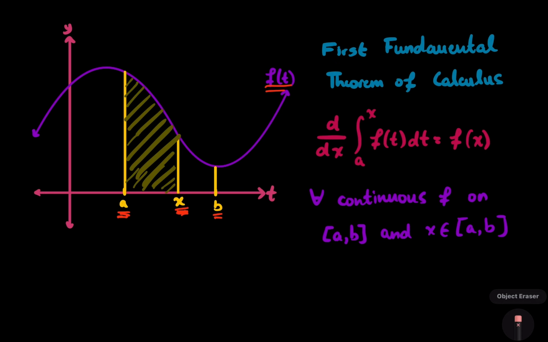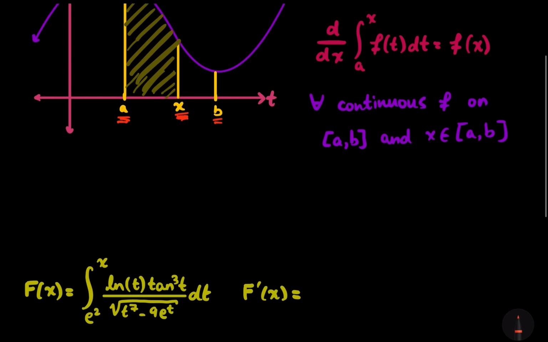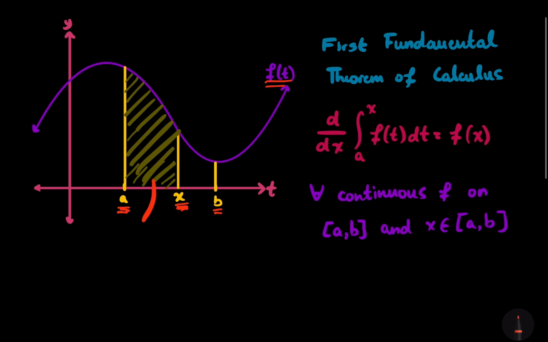So what we would do is we would use the integral, right? We know that the definite integral, at least, would give us the area under the curve. So this would be the integral from a to x, and remember, x is just some number, of our function f of t.